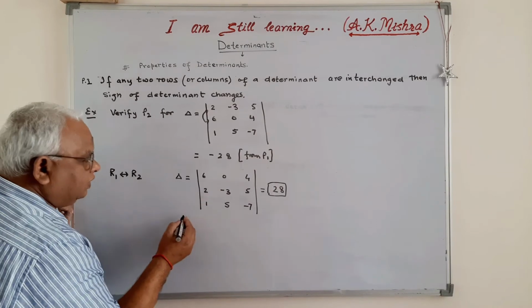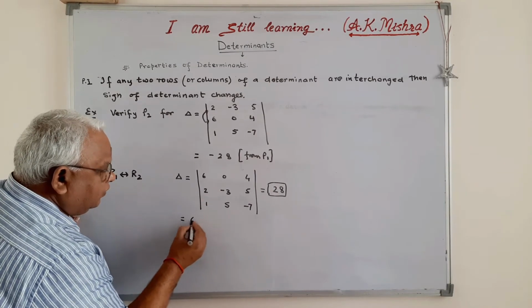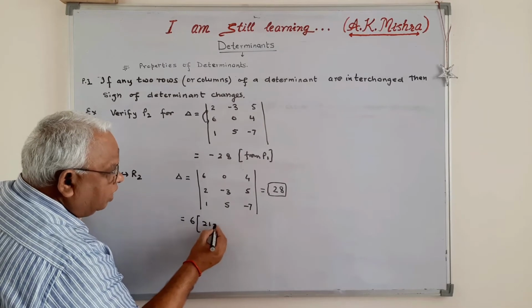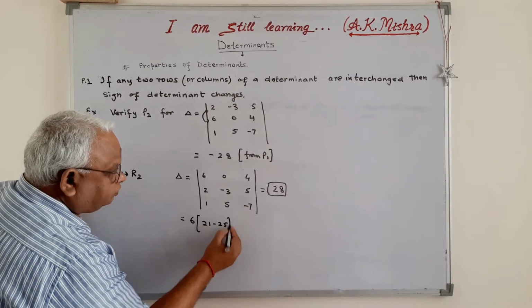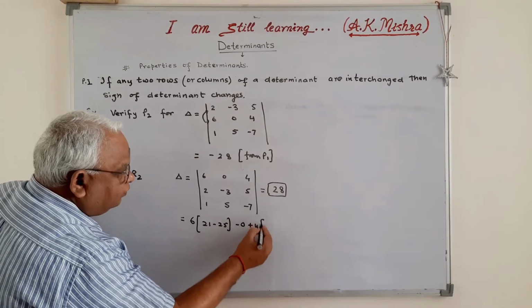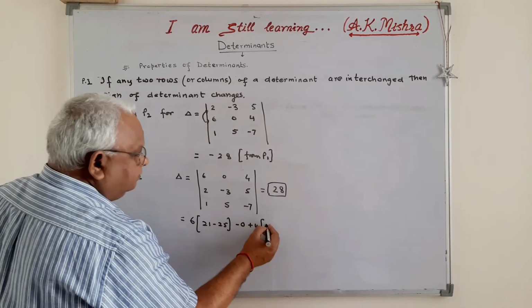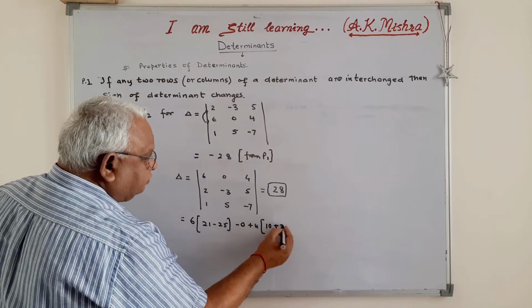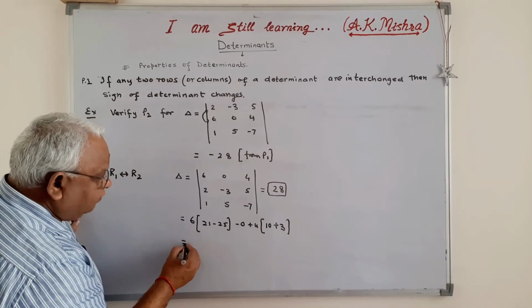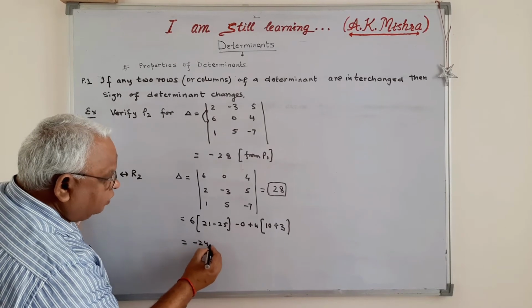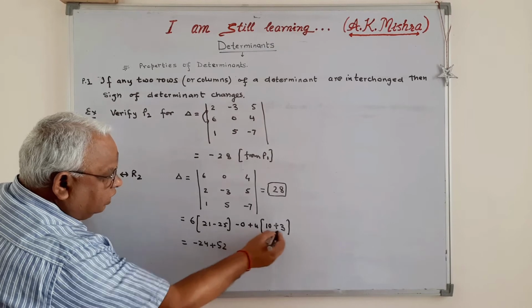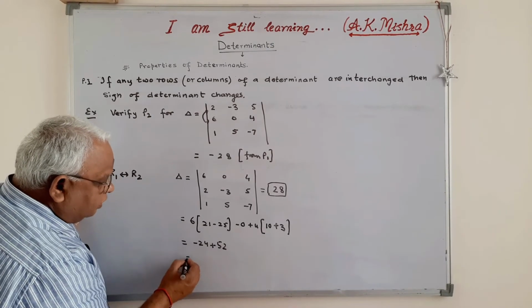But let us verify this by expanding it. 6 into 21 minus 25, minus 0, plus 4 times 10 plus 3. So it is minus 24 and plus 52, 4 13s are 52, which comes out as 28.